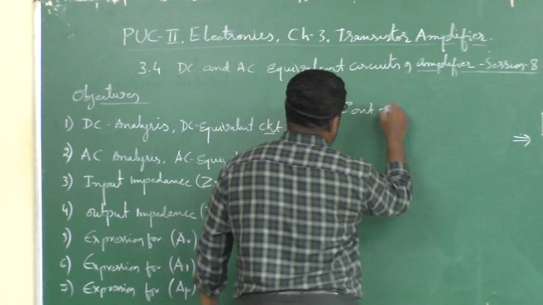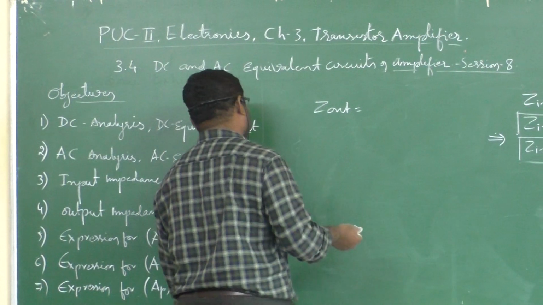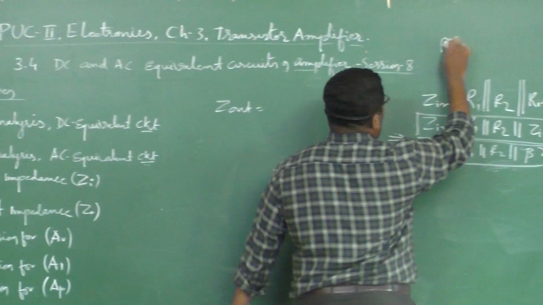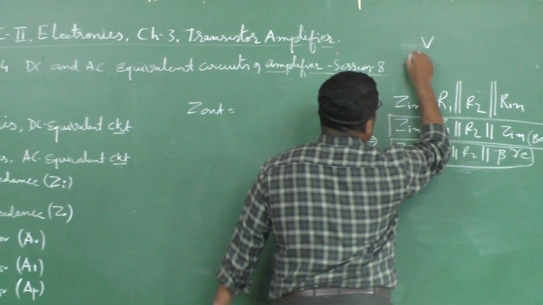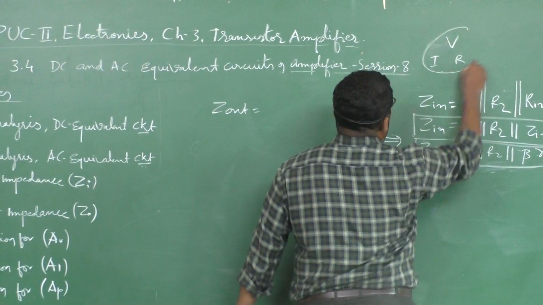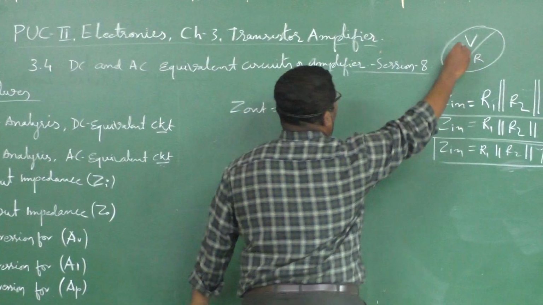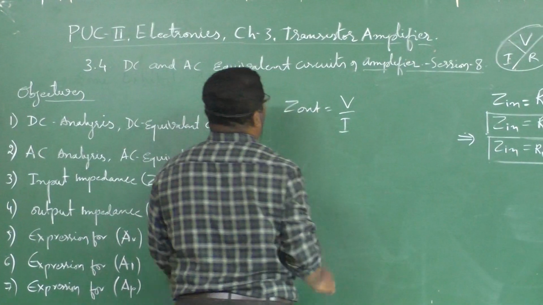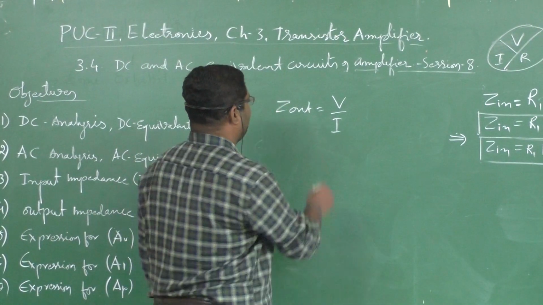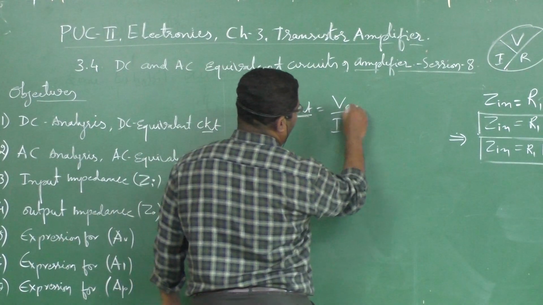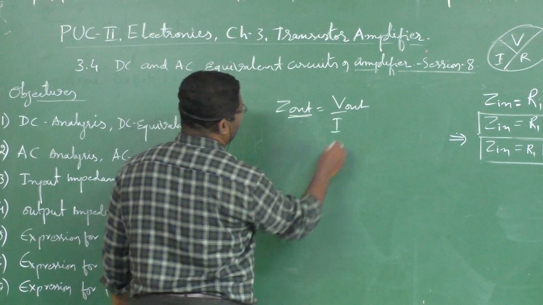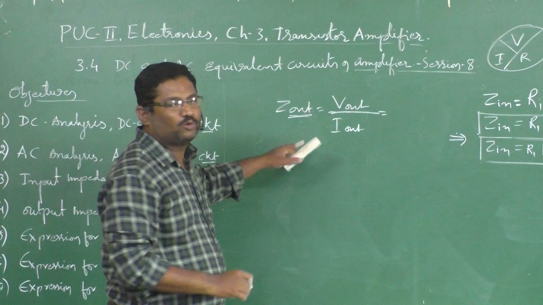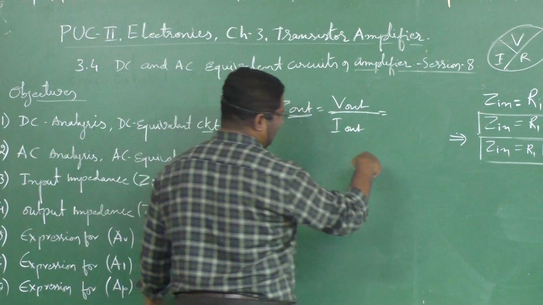Zout, the output impedance, is what? V is equal to IR, and R is equal to V by I. Because we are calculating the output, it is Vout divided by Iout. What are the output voltage and output current for CE?